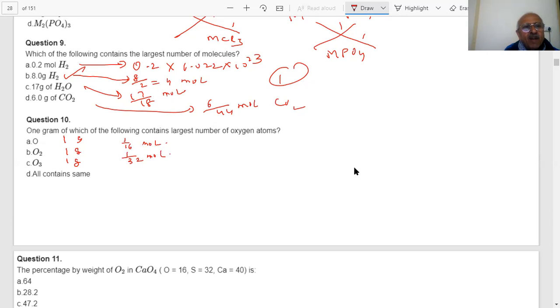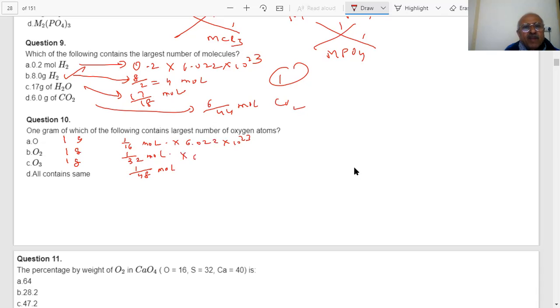In this, how many? 1 gram, it is gram, not mole, student. 1 gram divided by 48 moles. So these are the moles, students, and this is one oxygen atom. How many molecules will be there? You have to multiply by Avogadro's number.